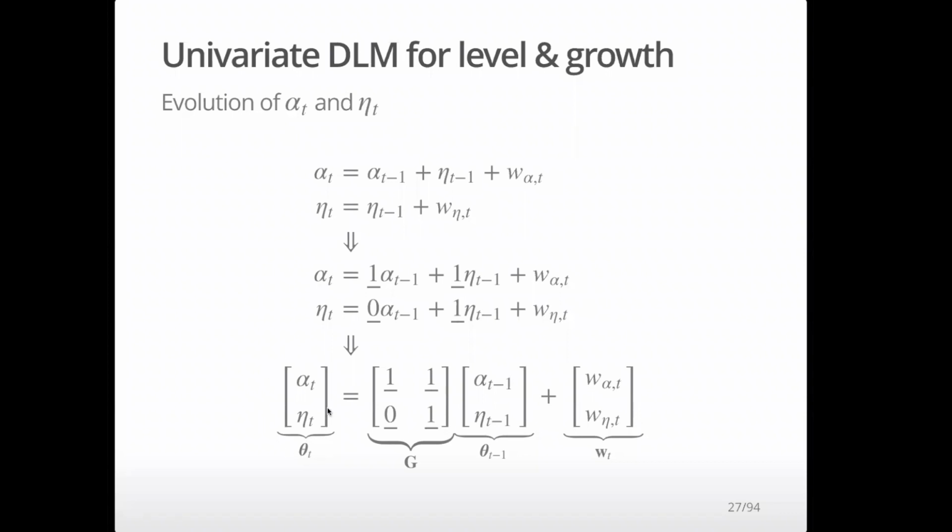So we have the parameters today, the parameters yesterday, some errors, and then we have this evolution matrix here. And I told you early on that sometimes we just think of this as an identity matrix. So imagine that was 0 up there. That's what it would look like if it was just a biased random walk that didn't evolve. But now we need that thing to evolve, so we put a little extra 1 in the upper right here.